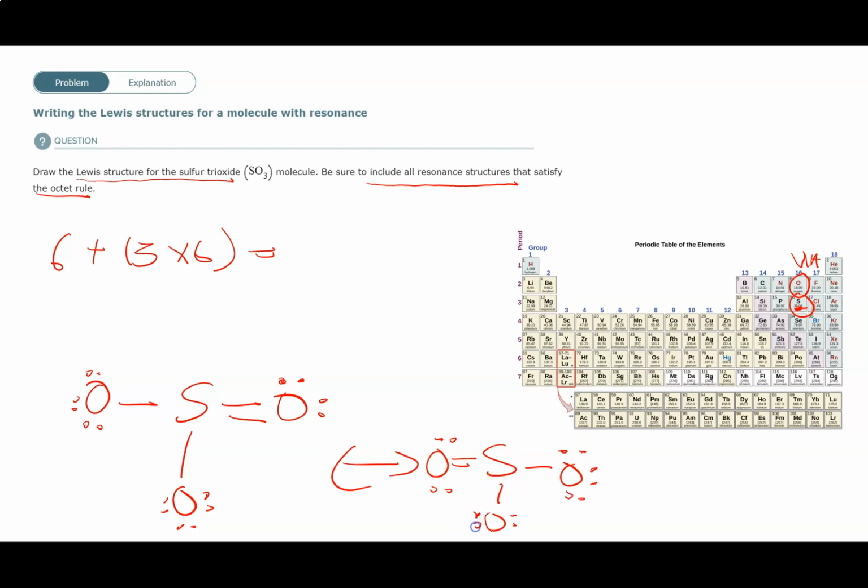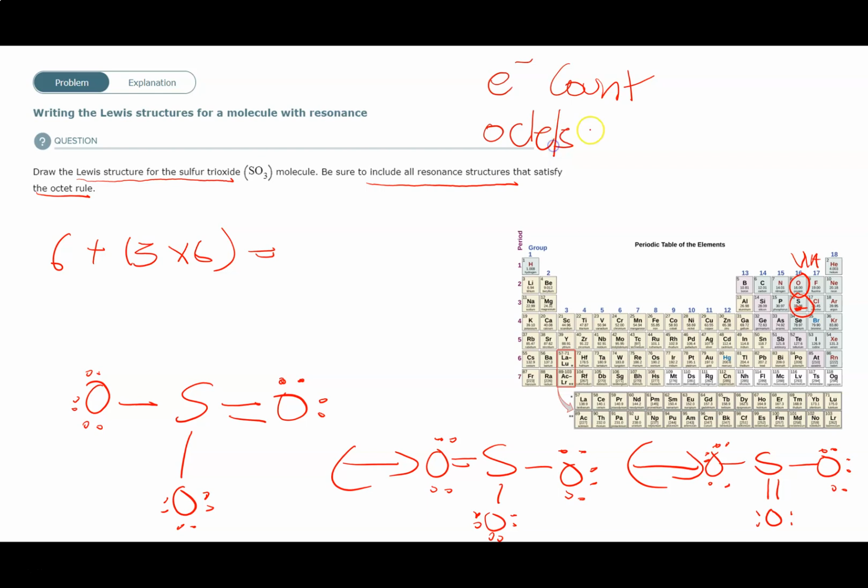Or there's a third way I could have done that, and that would have been to have brought them in from the oxygen atom that was at the bottom. Now, I want to check at least one of these for my 2 things. What do I need to check for? I need to check for electron count, and I also need to check for octets.